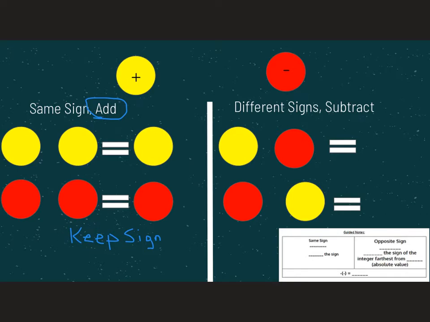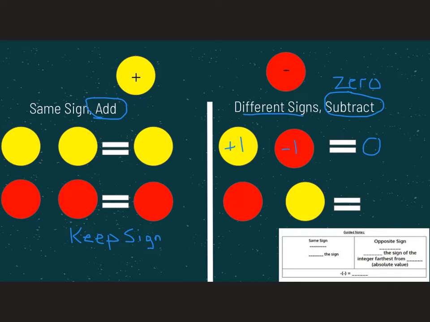Remember, if I have different signs, a positive and a negative, because I'm having to form those zero pairs, in essence, I'm really just subtracting. So again, a +1 and a -1 leaves me with that zero pair.